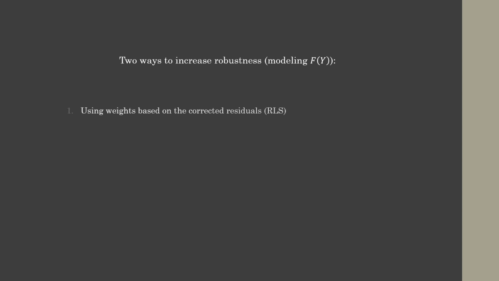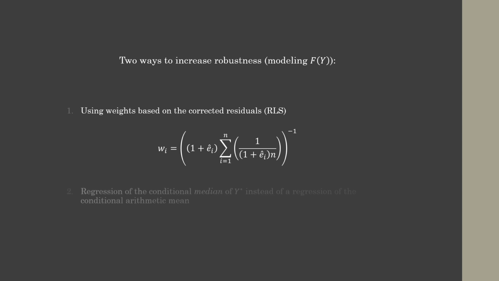One is to construct weights based on the residuals and perform a robust regression. The weights directly counteract the leverage effect of the individual observations. Another way is to calculate the residuals relating to the conditional median, and that is to perform a median regression, of course.